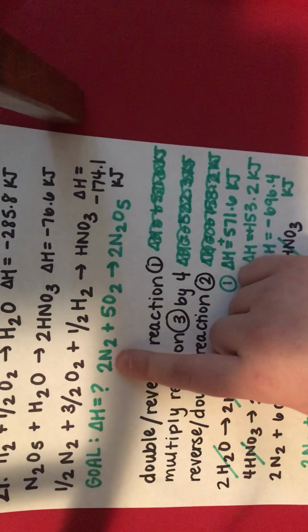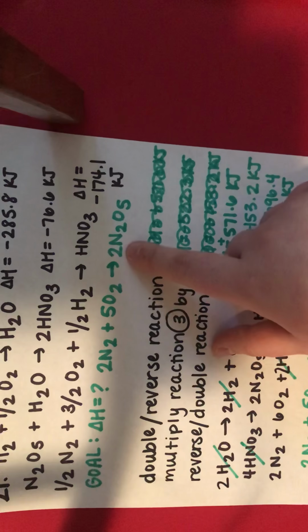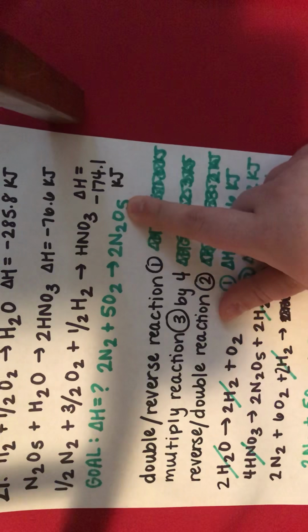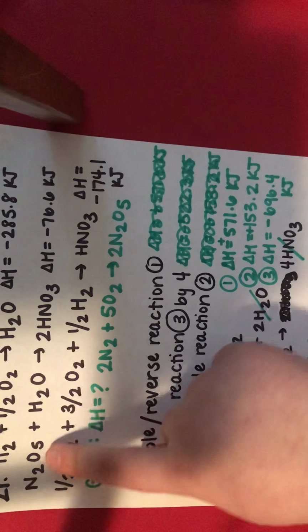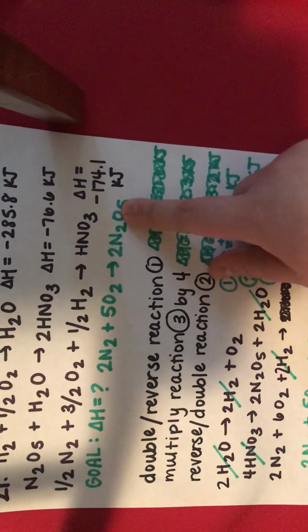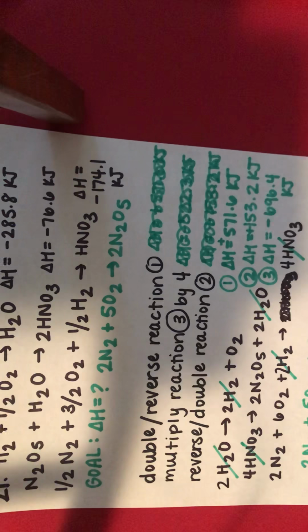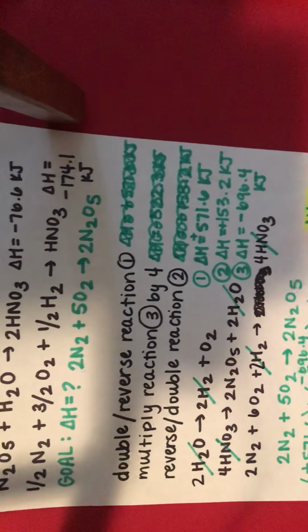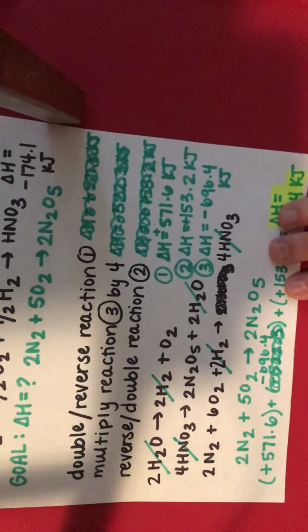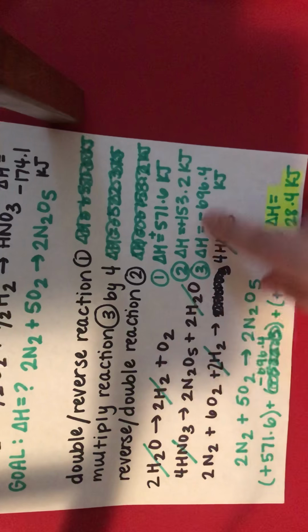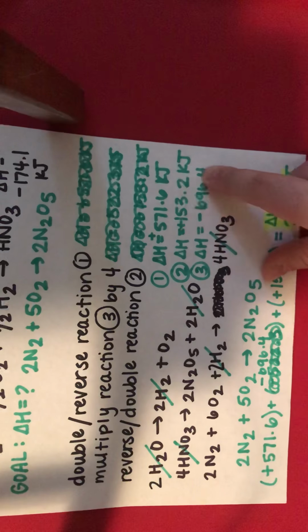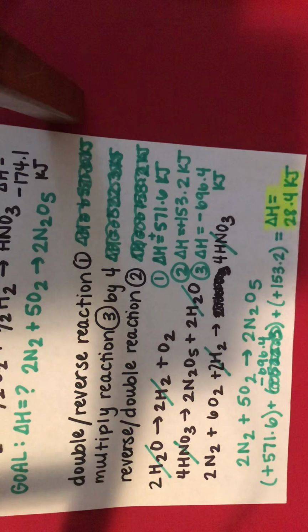So if you're trying to find 2N2 plus 5O2 goes to N2O5, start with flipping the second reaction so you have N2O5 as the product, that type of thing. I can work another one of those out. What I have to do sometimes is write down what I did so I know what I have at the very end to add all those up to get delta H.